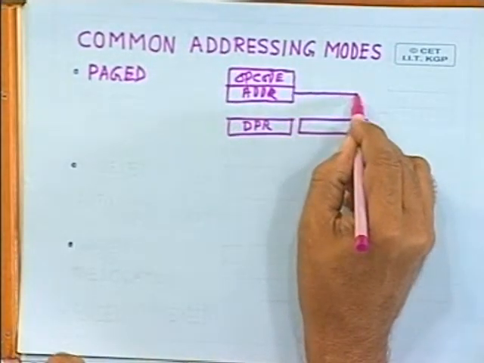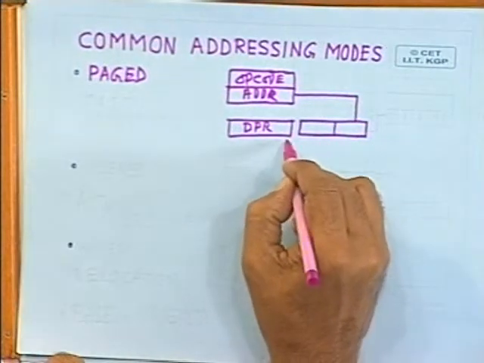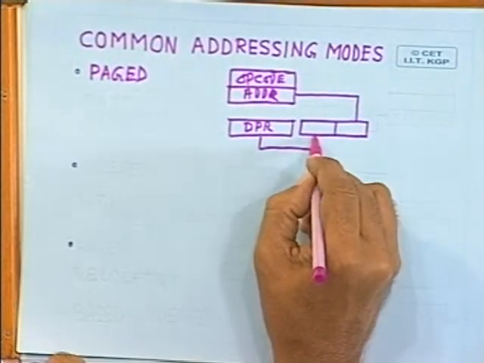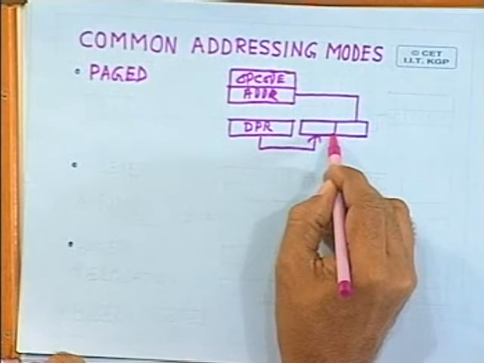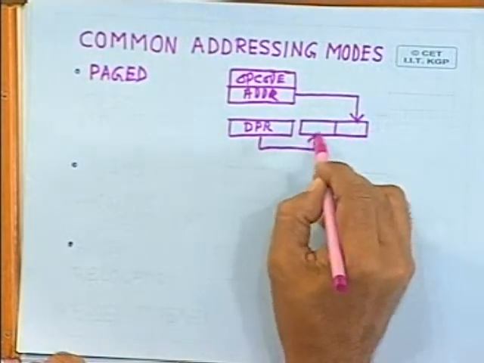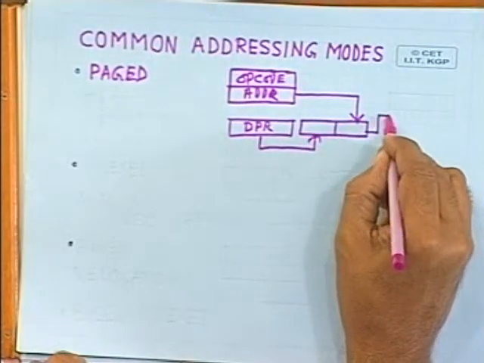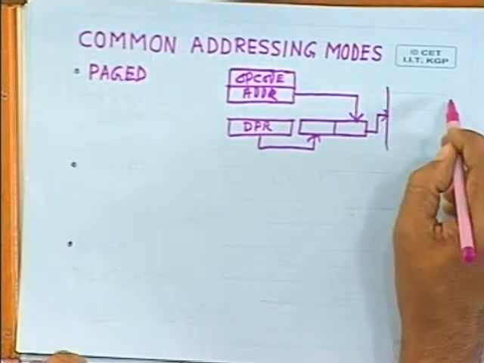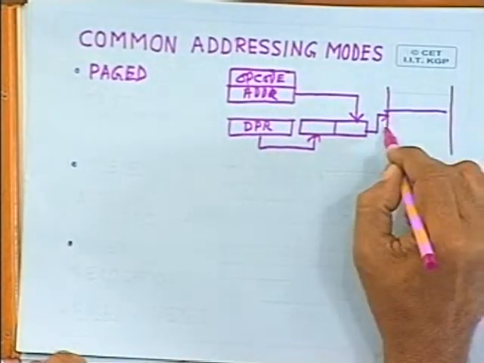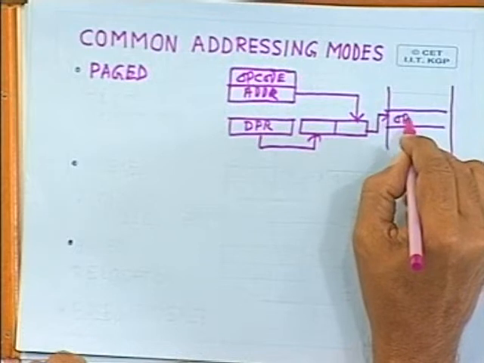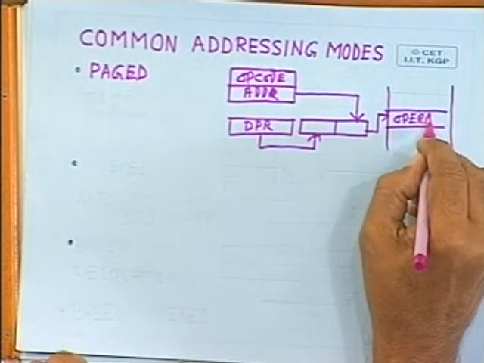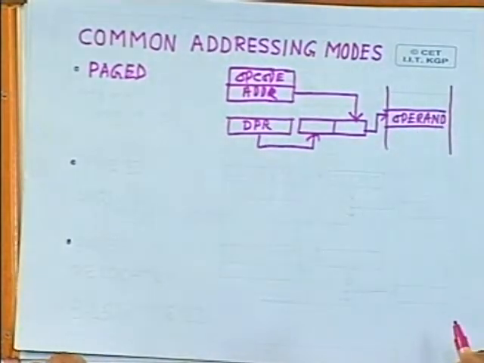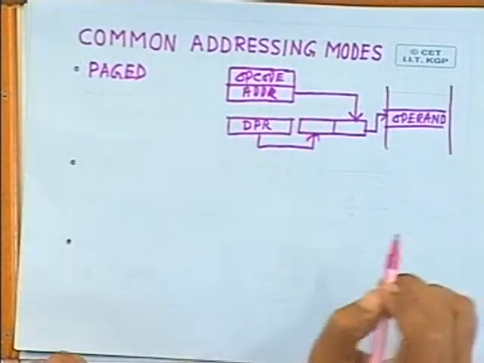You concatenate these two, the higher order byte here and the lower order byte here, to generate a 16-bit address to refer to any operand in memory. Here is your operand.